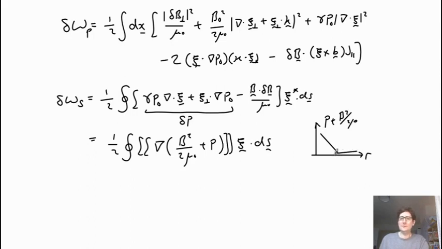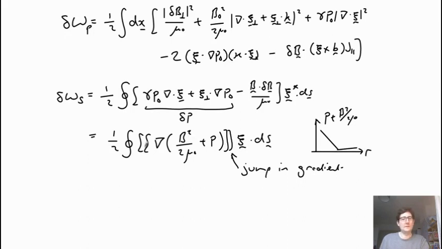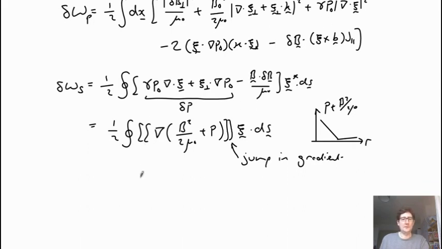At this point here we might have a surface current, which is holding back this jump or change in pressure gradient, and so this here is a jump in gradient. So the point is mainly that you can make this term go to zero if the solution is sufficiently smooth. If there's a smooth solution with no jump in gradient, then this term disappears.